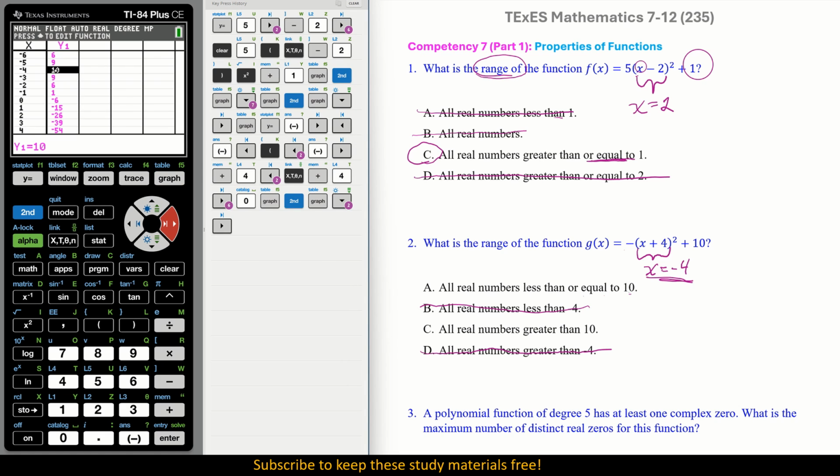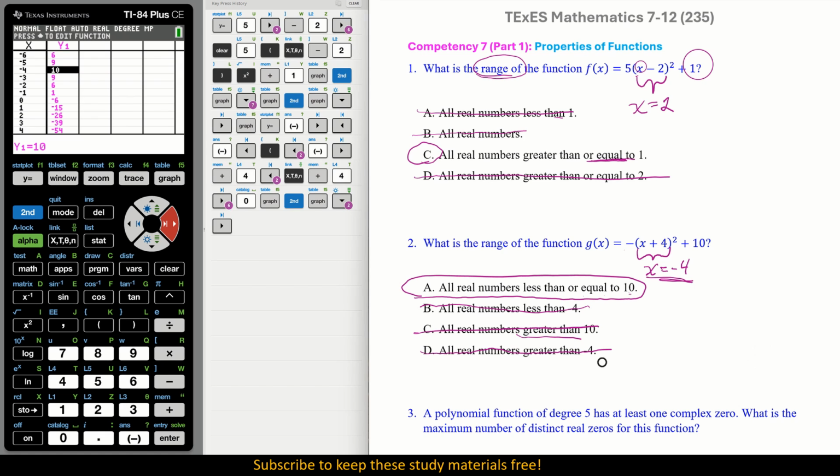If it includes 10, and it does, it says 10, then we're fine. It has to equal it. So it's A, all real numbers less than or equal to 10. And C is incorrect because it says greater than. Obviously, our curve is going down, so it's everything below. So we can't include that one anyway.